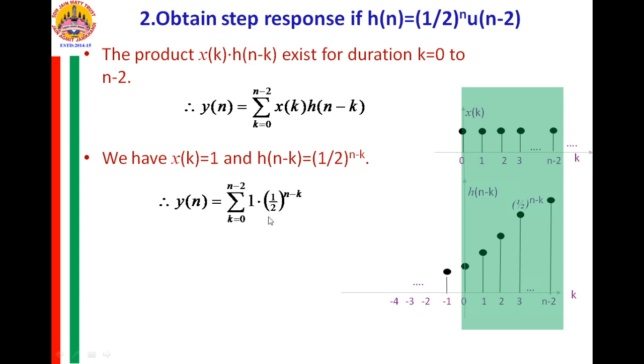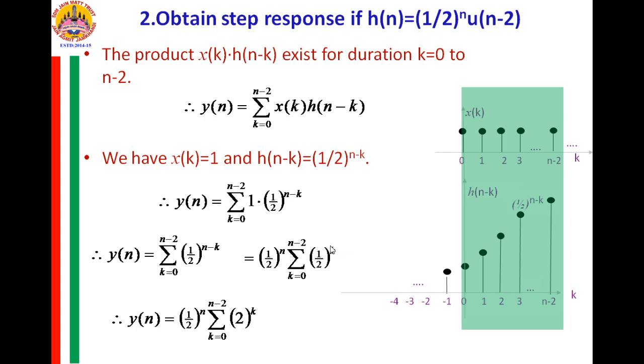Now, taking 1 by 2 raised to n outside of this summation, this is summation k varying from 0 to n minus 2, 1 by 2 raised to minus k, this should be, and this 1 by 2 raised to minus k shall be changed to 2 raised to k.